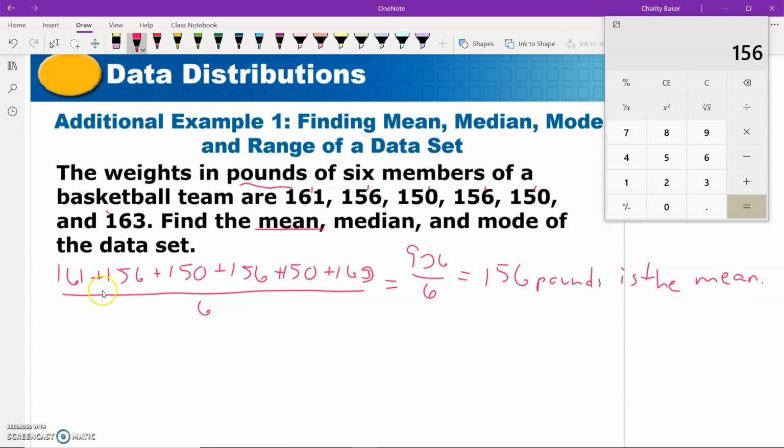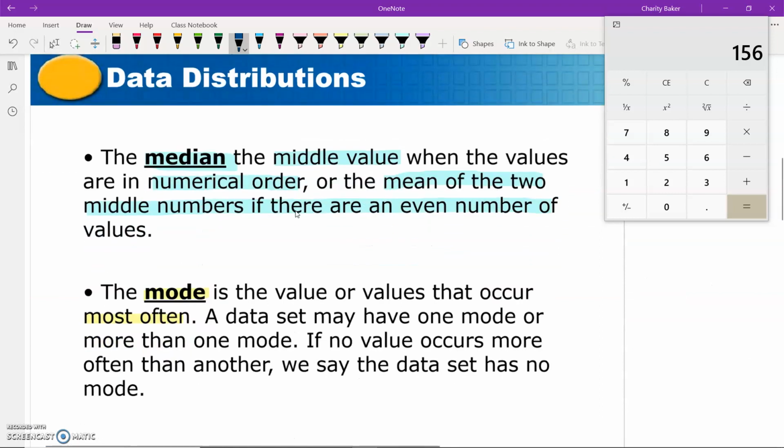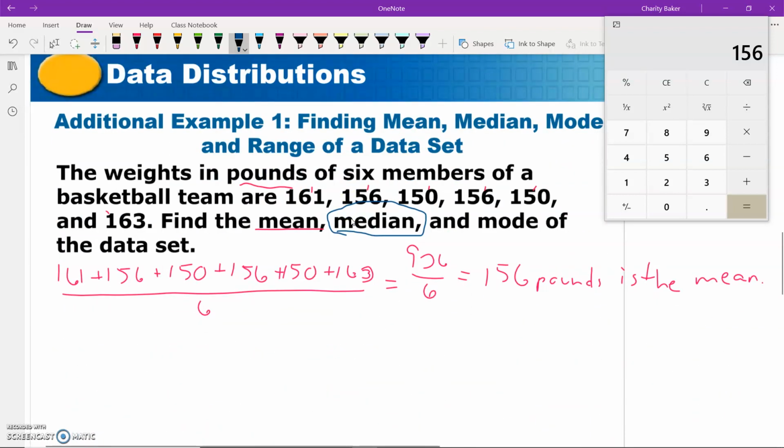Again, we just add all the numbers together and then divide by how many there are. Let's do the next part, median. In order to do the median, we need to put the numbers in numerical order. Remember from the definition, they have to be in numerical order. That just means that the smallest number comes first, and we list them in order all the way to the largest. So what is the smallest number here?